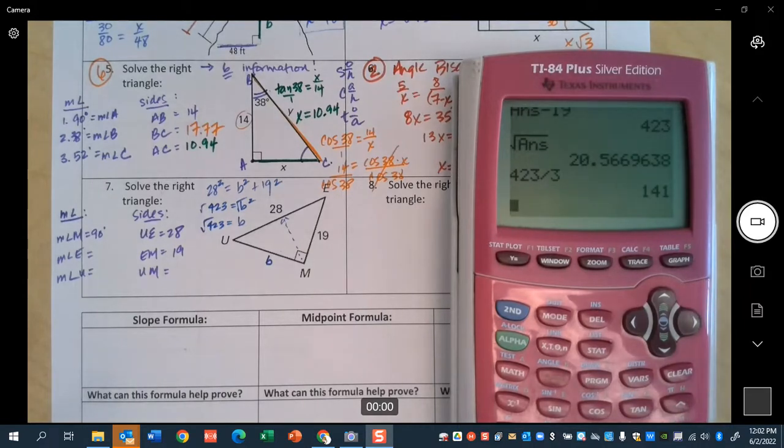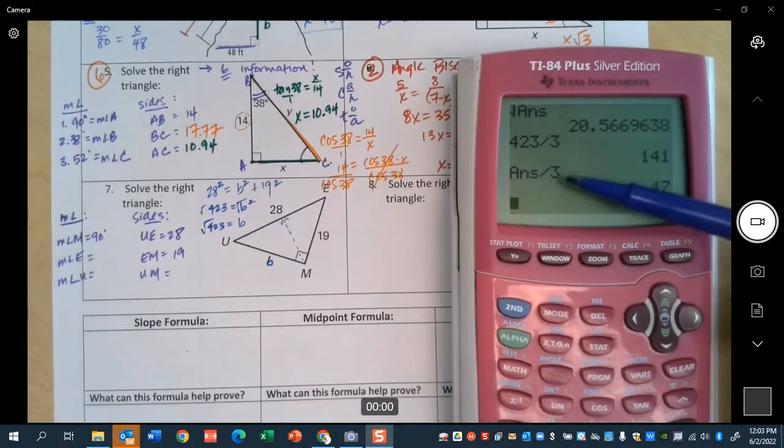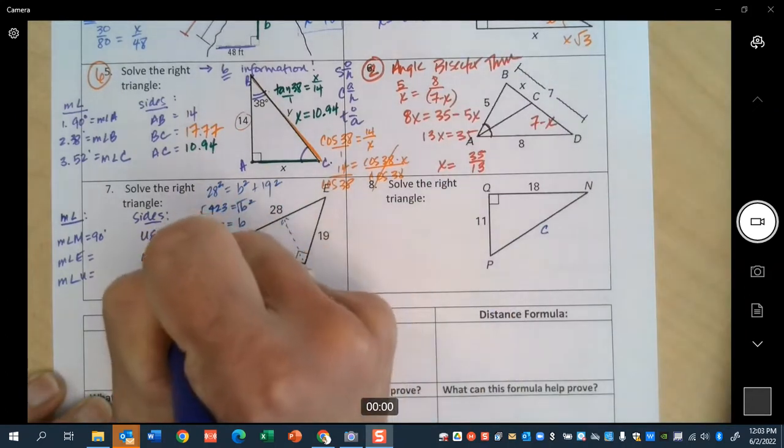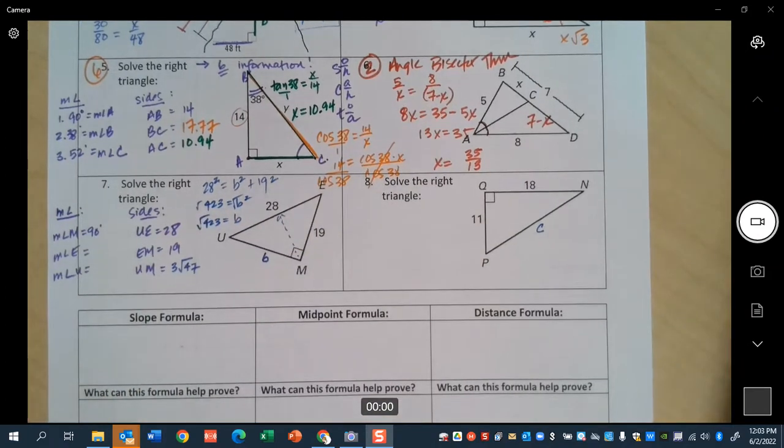Ooh, 141. What's 141 divisible by? 3. 4 plus 1 is 5. 5 plus 1 is 6. Let's try taking another 3 out. 47. 47 is where it stops, right? 47's back down in our friendly numbers. 47's prime. But do you see how I have 2 factors of 3? That means that I can take the square root of that, and I ended up with 3 roots of 47.